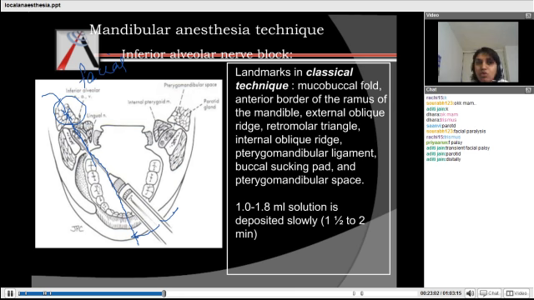One more thing, you have some arteries over here. If you actually pierce those arteries, which is very common because they are very close to the nerve, your technique is all right, everything is fine, but you may give an intravascular injection. So what do we do to avoid an intravascular injection?